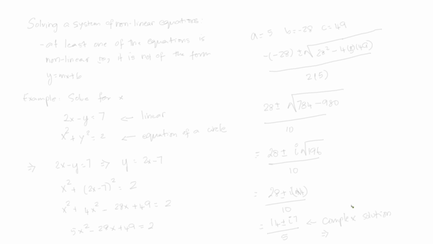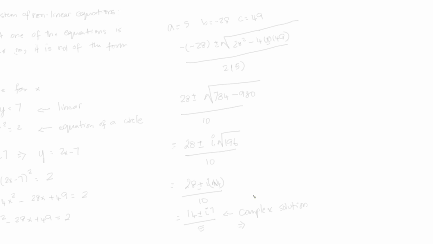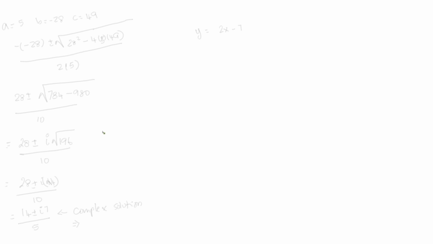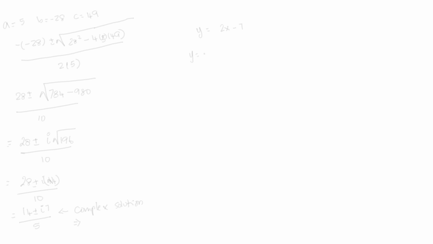So since we have two complex solutions, we can still find the pair of solutions by substituting that. So I have x as (14 plus i7) over 5, minus 7, which would be 28 plus 14i over 5 minus 7. You take the LCM, you will have 28 plus 14i minus 35 over 5. Upon simplification, you'll get 14i minus 7 over 5.